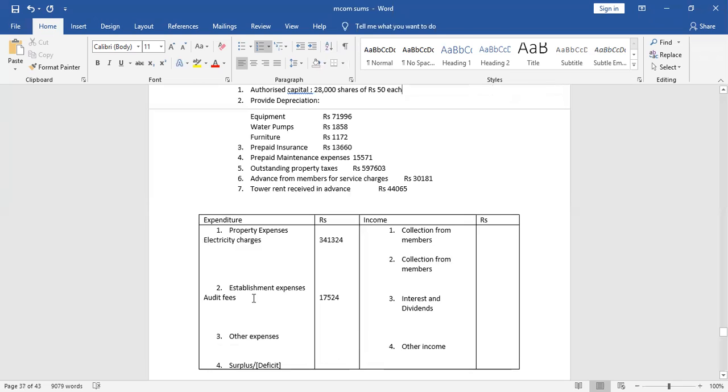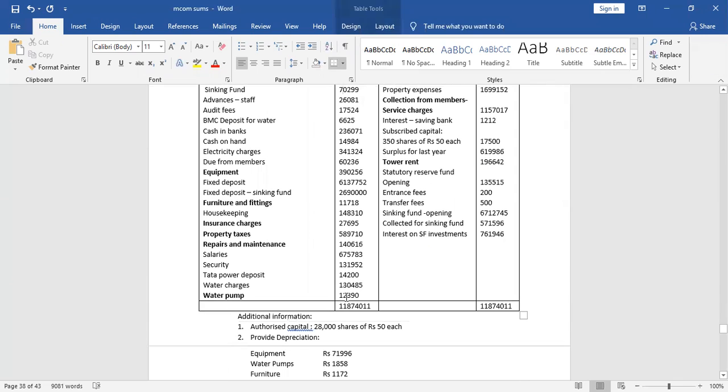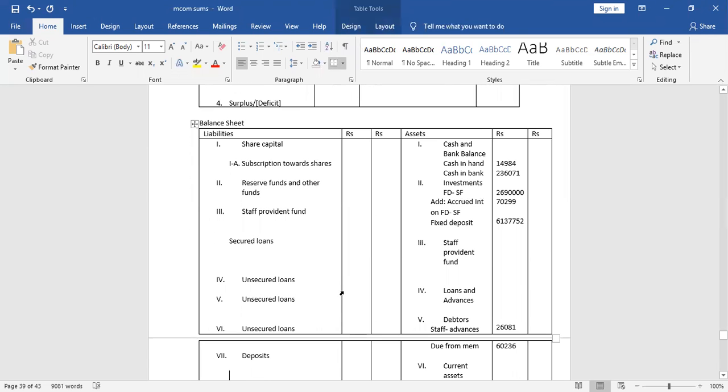So we'll write here after audit fees, housekeeping 1 lakh 48,310. Then we have insurance charges. There is an adjustment, and insurance is a property expense, 27,695.